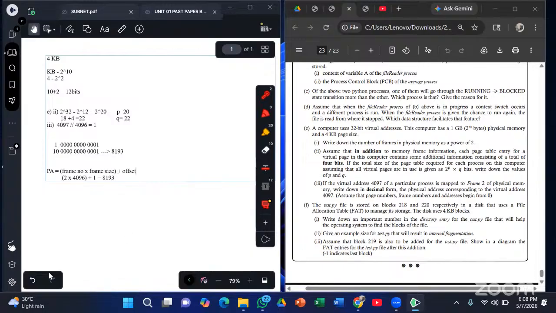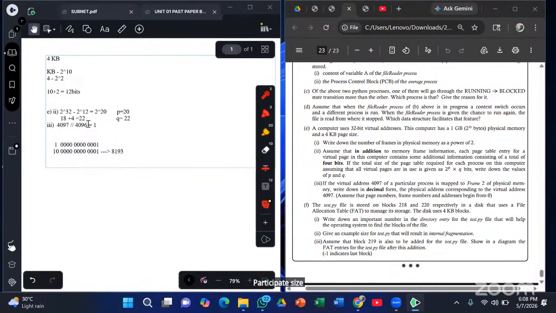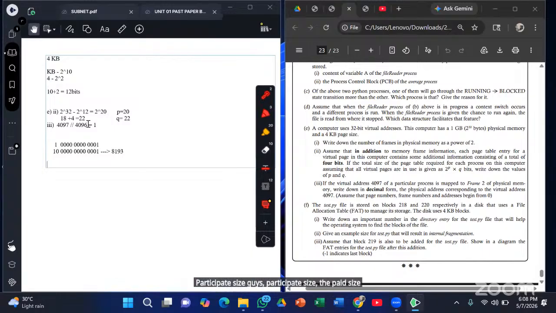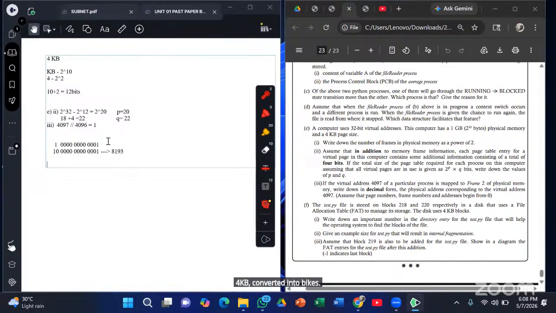What you have to do is multiply the frame number by the page size. What is the page size? I would say don't see this method, it's very confusing. What is the page size, guys? The page size, 4 KB converted into bytes, it is 4096.